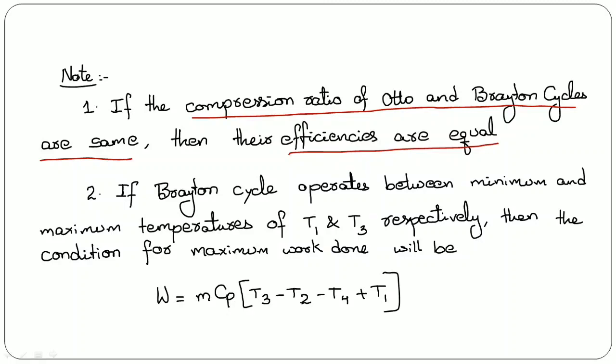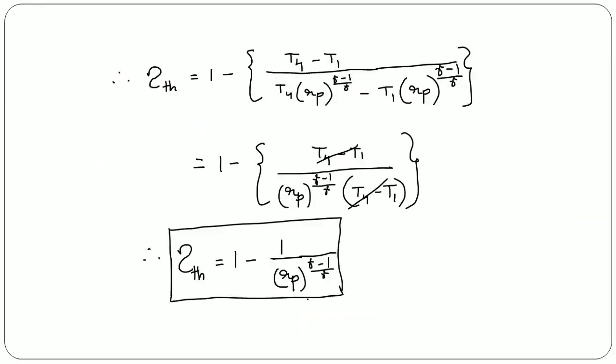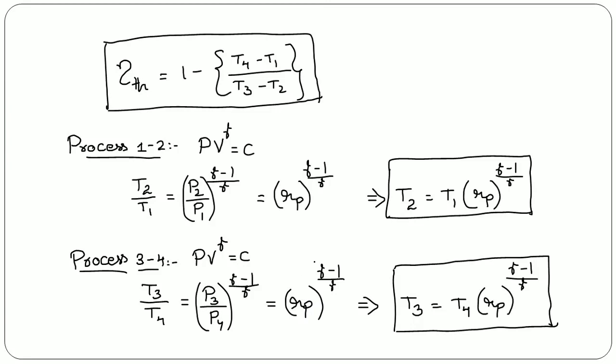Now we need to get T2 as well as T4 in terms of T1 and T3. Then only we can determine the condition for work done, just like in the case of the Otto cycle. For that we need to use the PVT relations that we have learnt. So T2 is T1 into Rp to the power (gamma minus 1) by gamma, and T3 is T4 into Rp to the power (gamma minus 1) by gamma.